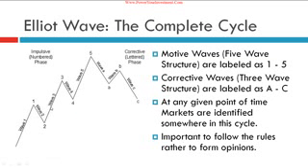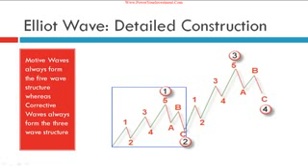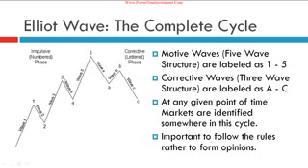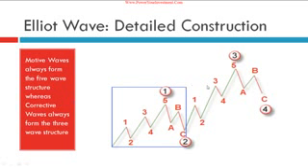Similarly, wave 3 is a motive wave, so it takes a five-wave form. 1, 2, 3, 4, 5. Okay? Now wave 3 is corrected by a wave 4. Because it is corrective in nature, it has to follow a three-wave structure. That is A, B, C.